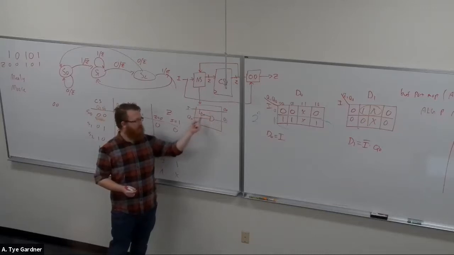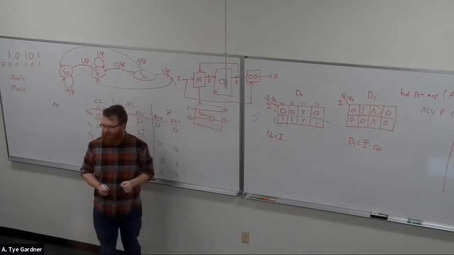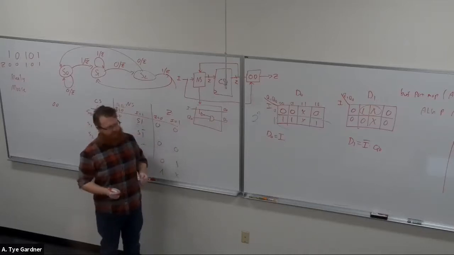The other one takes Q0 and the not I. I'm done. I built my next state.